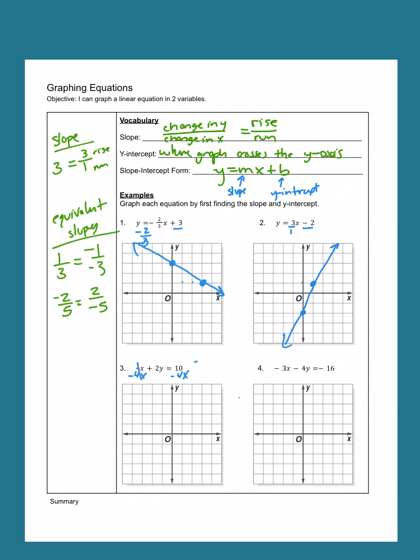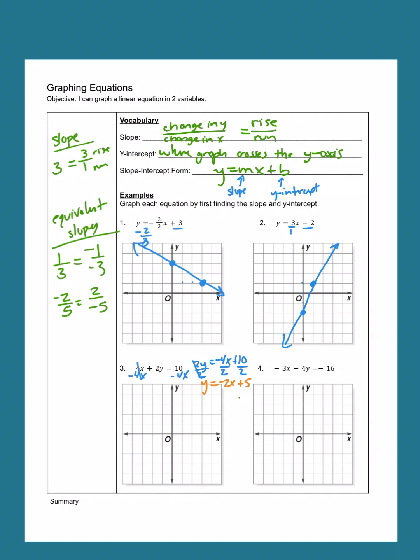That's going to give us 2y equals negative 4x plus 10. And then we divide every piece by 2 until we have y equals negative 4 divided by 2 is negative 2x, and 10 divided by 2 is a positive 5. So that simplifies to y equals negative 2x plus 5.